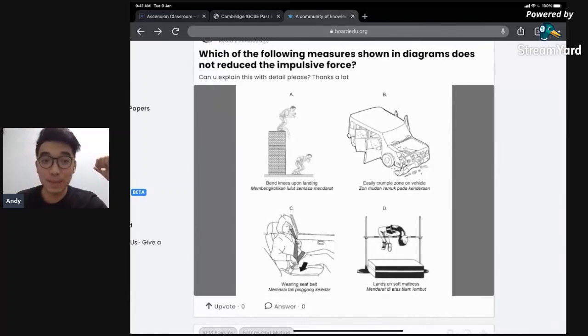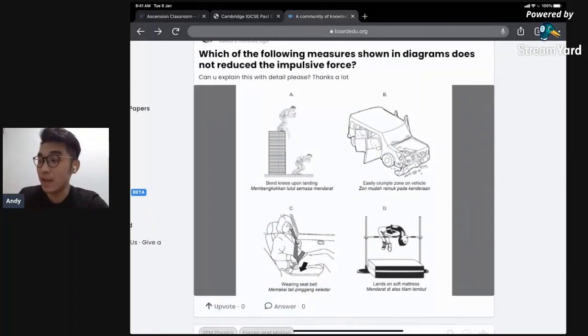What about B? We have a car. Normally if we are driving a car, the front part is also known as the crumple zone. The crumple zone is there for a good reason. One reason is to place the engine. The other reason is to cushion the impact if there is any accident. Of course, touch wood, I hope an accident would never happen.